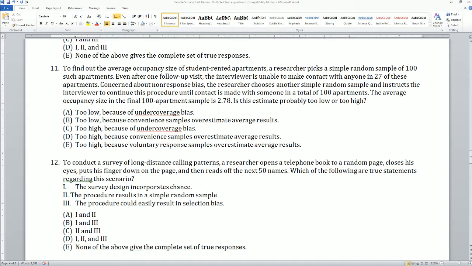I just saw the undercoverage bias part. Correct. So A and C are still your two choices, because both of them have the correct statement, undercoverage bias. So the issue is this: is the scenario presented going to give you an estimation that is too low or too high?